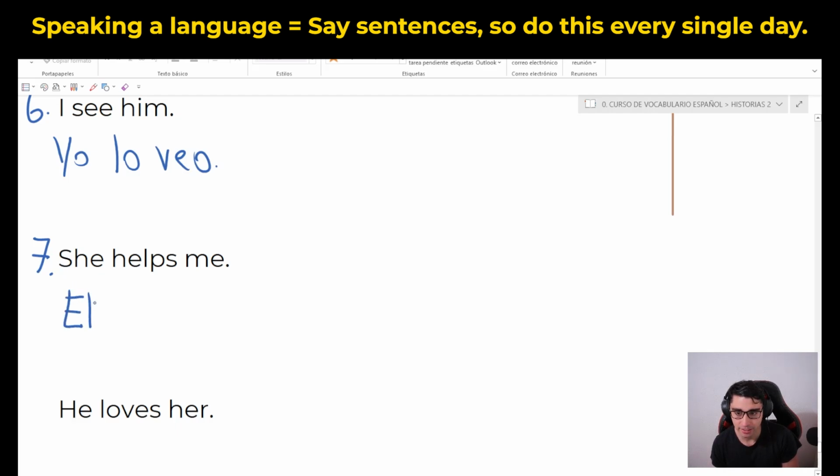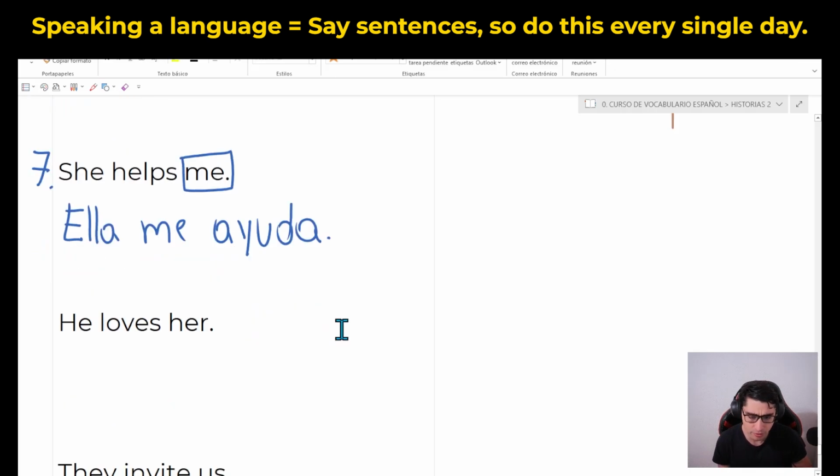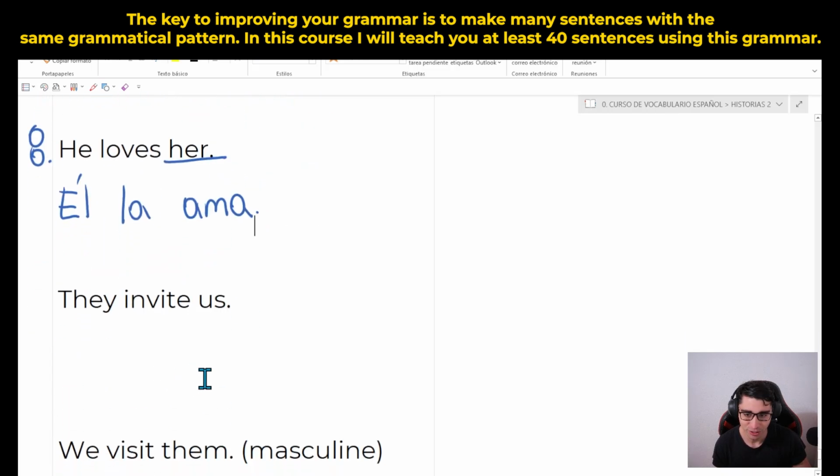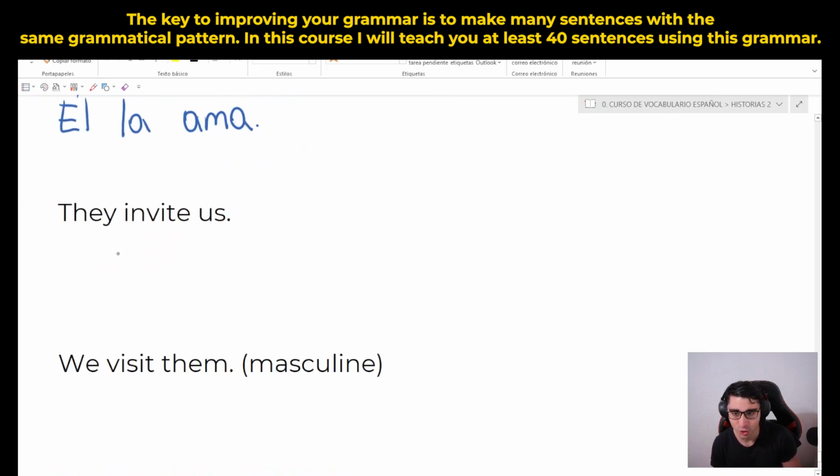Sería ella me ayuda, okay? Then we will practice more difficult sentences. Vamos con la oración número 8. Él la ama. Muy bien.